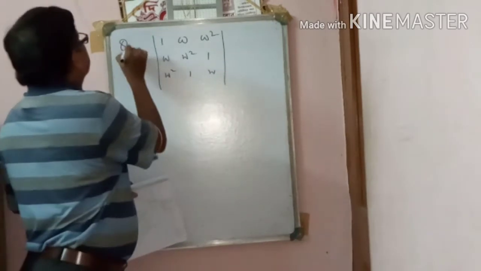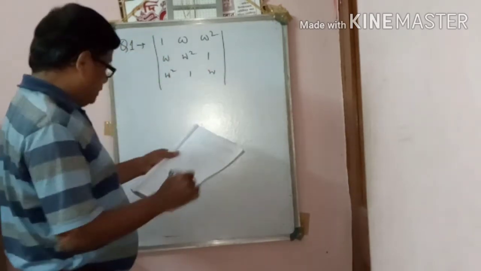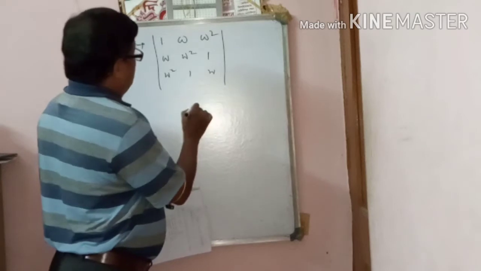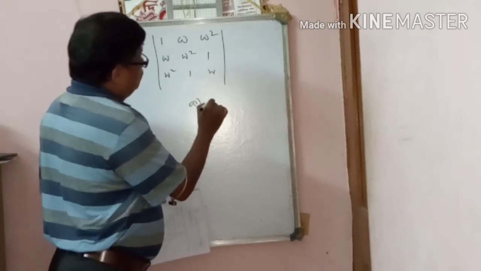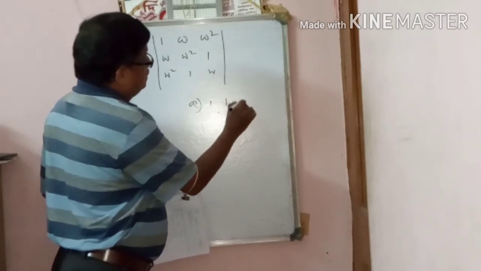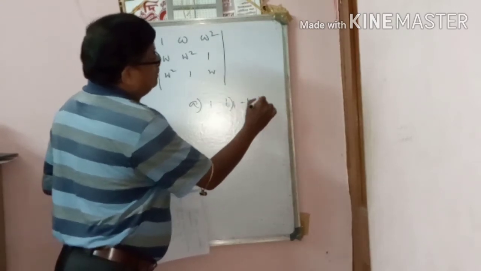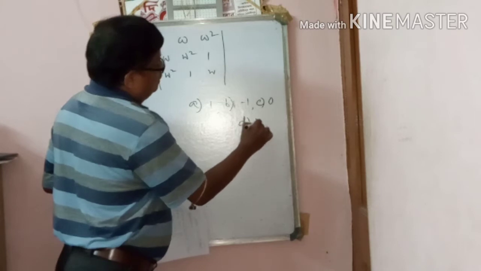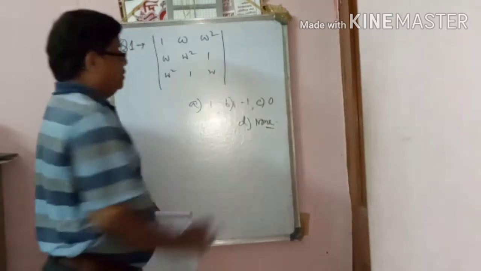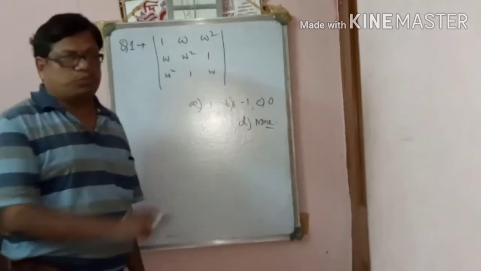The value of the determinant is asked. Options: A 1, B -1, C 0, D none of these. Which answer is correct?